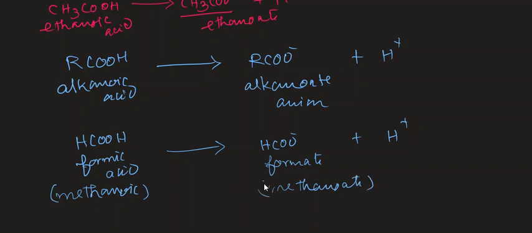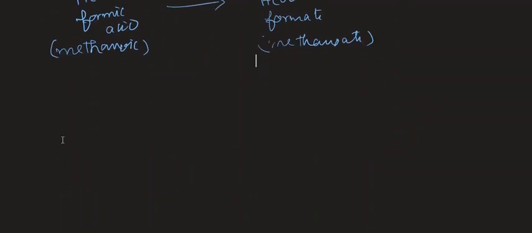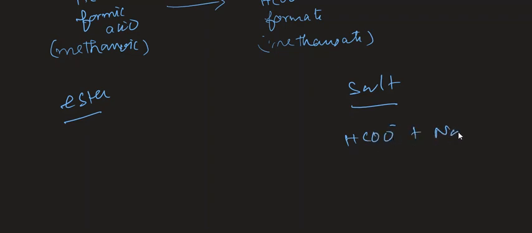Once this methanoate is formed, it can form a salt as well as esters. Let us talk about the salt here. Let me have HCOO-, add Na+. What are you able to get?